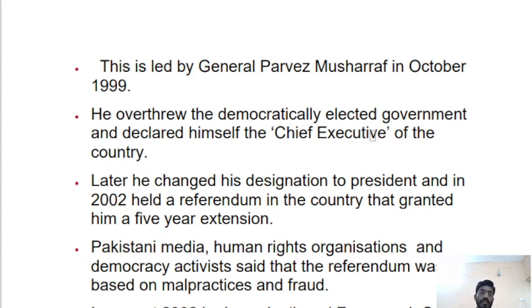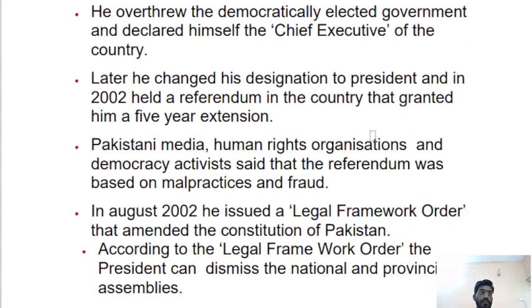A military coup occurred in Pakistan, and General Pervez Musharraf overthrew Nawaz Sharif and he occupied that president position. And in the year 2002, he conducted a referendum. That referendum granted him a 5 year extension.